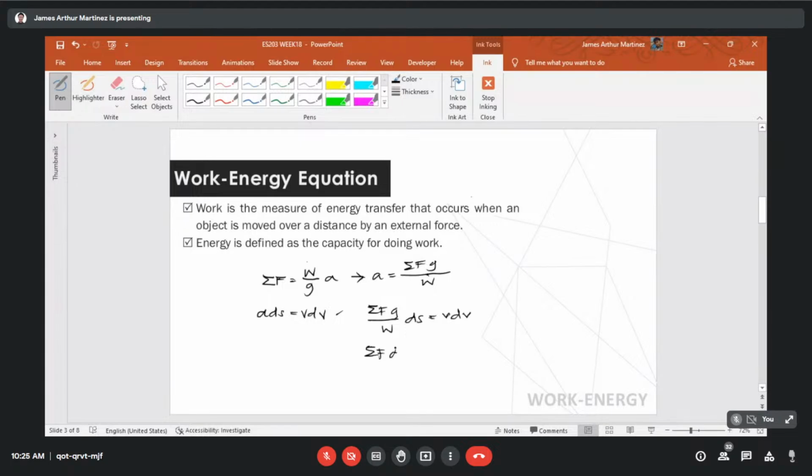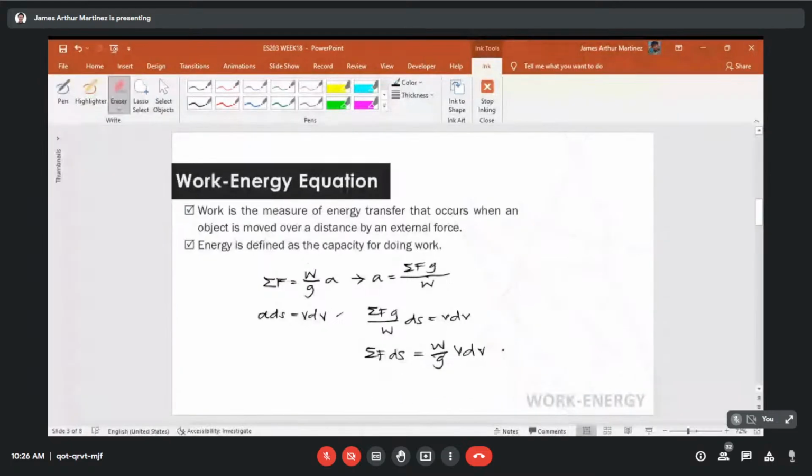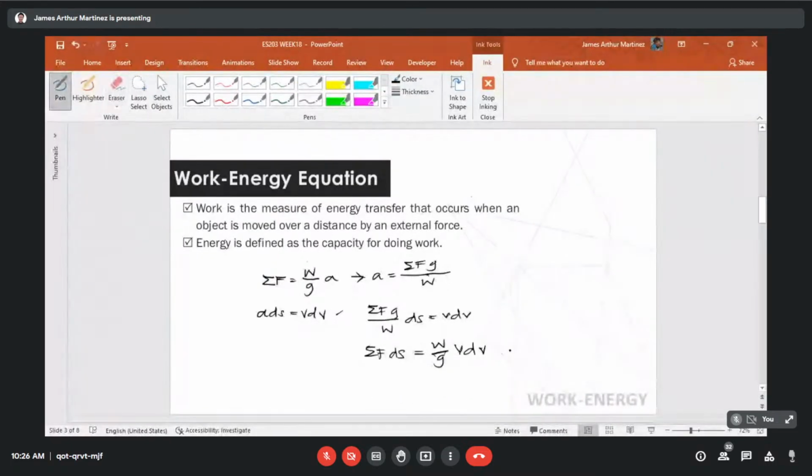So summation of forces, ds is equal to weight over gravity, v dv. So this term is the work, and this term refers to kinetic energy. However, this is the differential form of the work and energy equation.